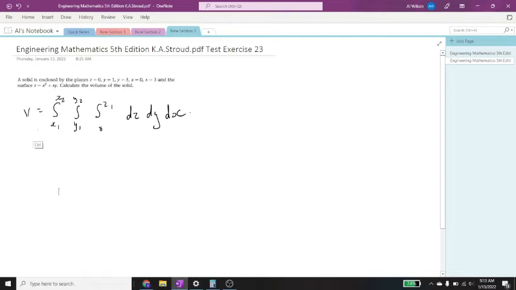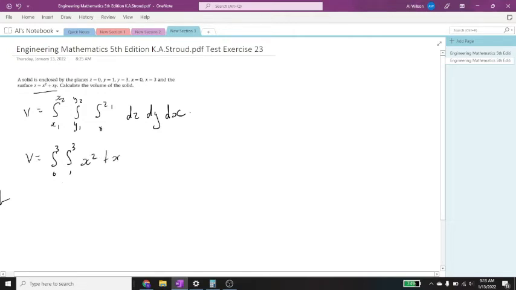All we're doing is filling in the information. So V is equal to, for x's we have 0 and 3, for y's we have 1 and 3, for z we have 0 and the z1 which is here. So we're going to write that, where we have x squared plus xy, leaving us with dy dx.